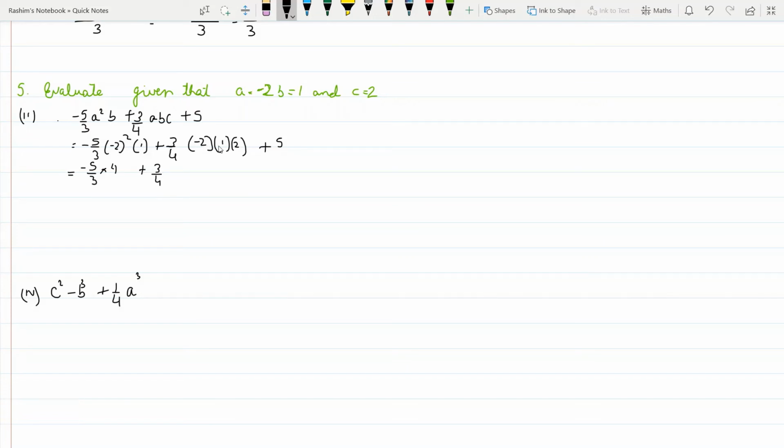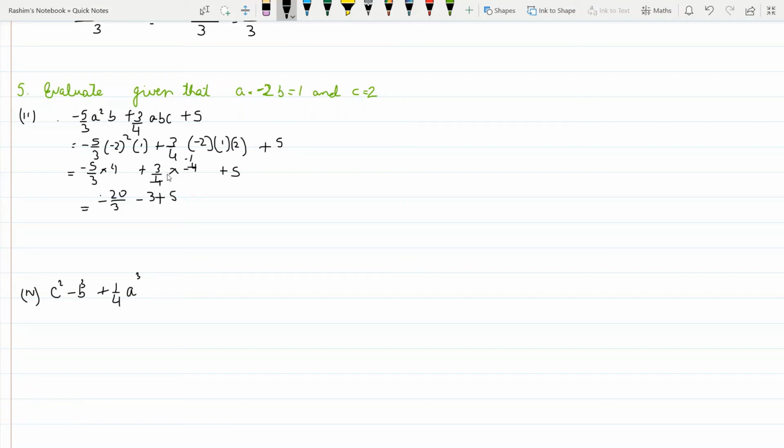Here in the same way -2 into 1 is -2 and into 2 is -4, and here plus 5. So here we can cancel 4 with 4 and we get -1, and here we get -20, 5 fours are 20, upon 3, and then here we get -3 and plus 5.